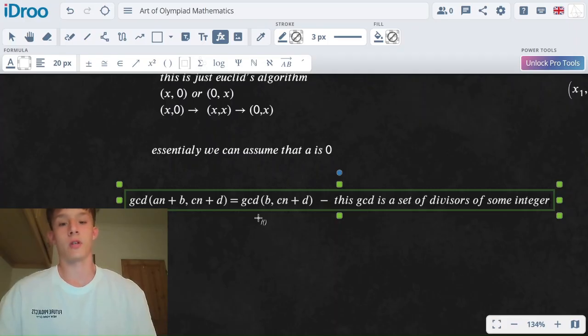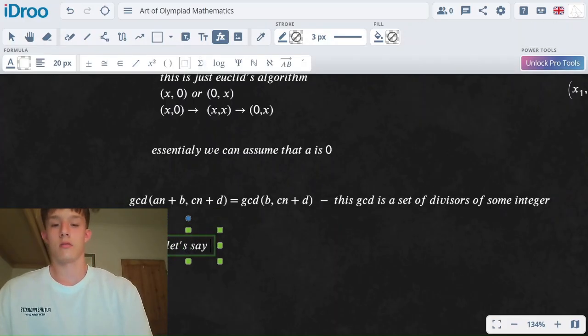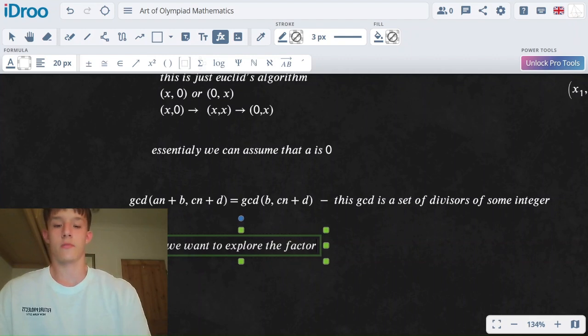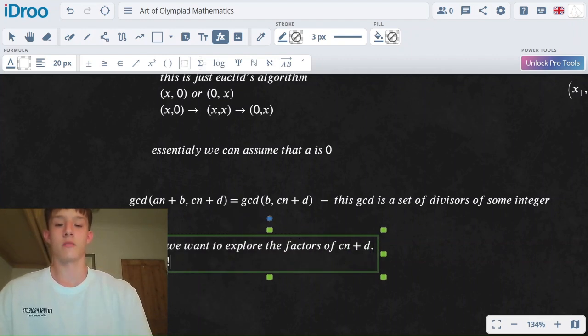So we want to explore the factors of Cn plus D. A very important point is that if C and D have a common factor, if their GCD is more than one, then it's always divisible by something, so that's not really good.